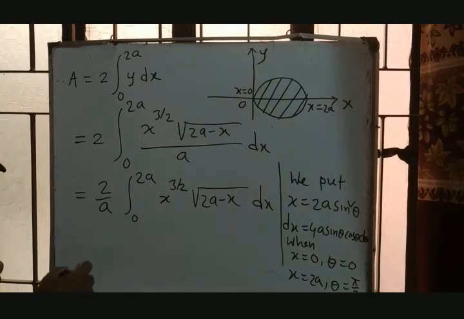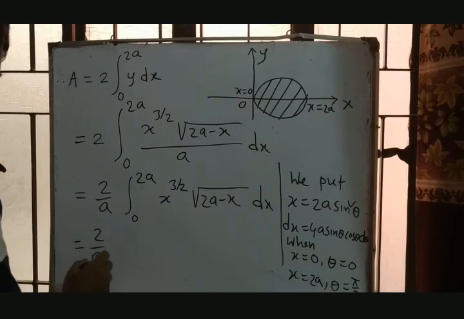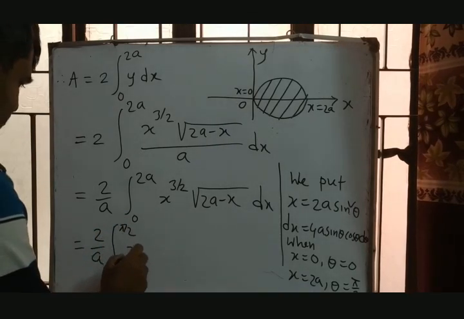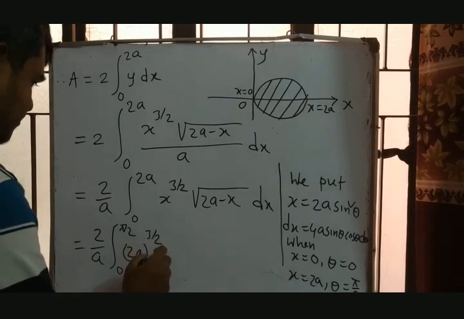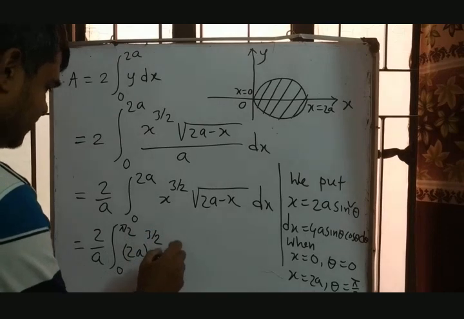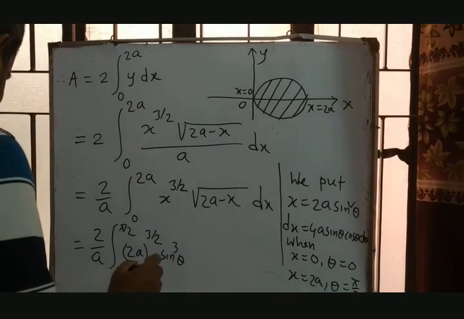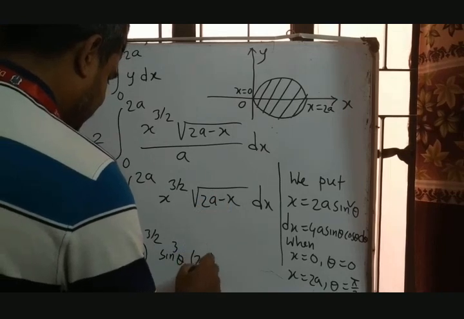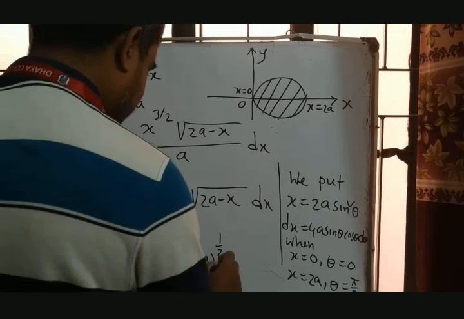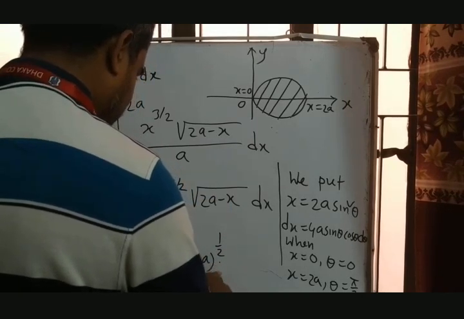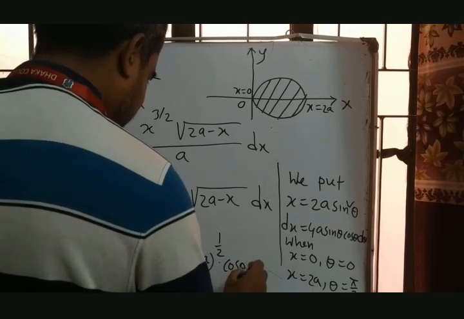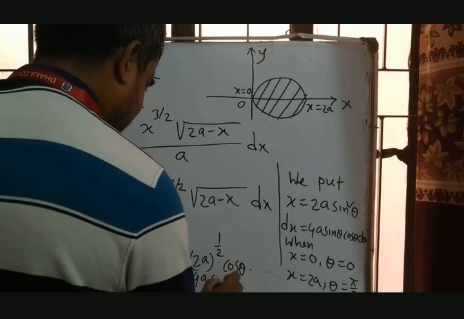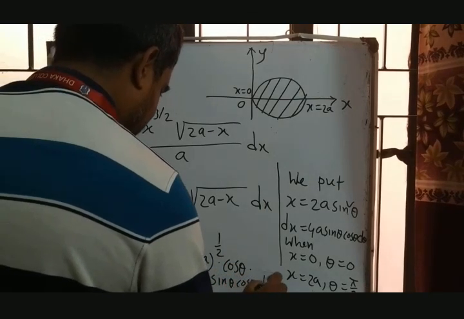Now putting all these values in the above equation, we get 2 by a, integral 0 to pi by 2, 2a to the power 3 by 2 sin cube theta, and root over twice a minus x gives 2a to the power half cos theta, into dx, which is 4a sin theta cos theta d theta.